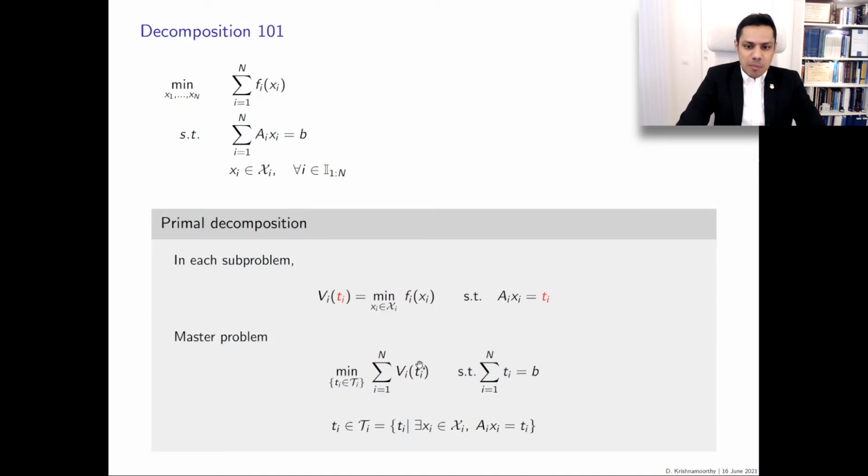Now the sum of the auxiliary variables Ti that we have here must add up to B, thus ensuring that the shared resource constraint is satisfied. The master problem then computes the new value for these auxiliary variables Ti that tells us how to reallocate the shared resource among the different subproblems. And this is solved iteratively until we find the optimal values for these auxiliary primal variables Ti.